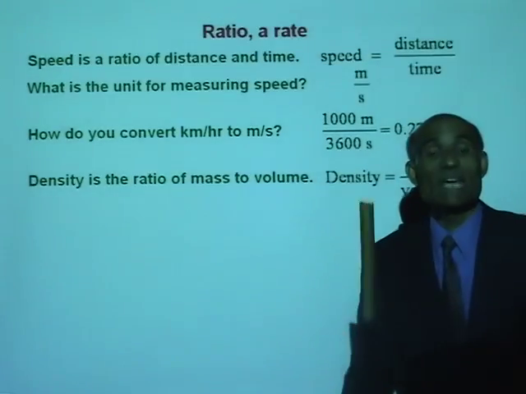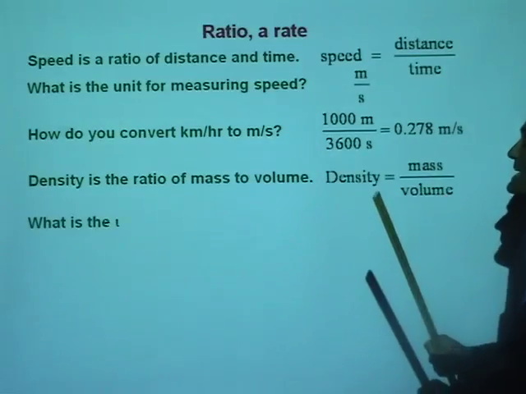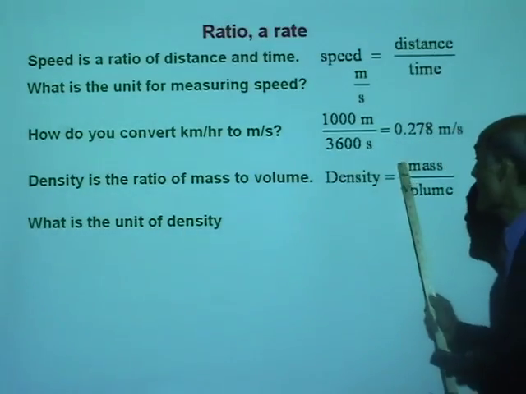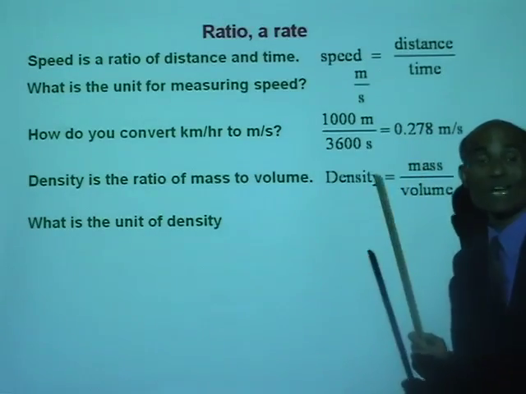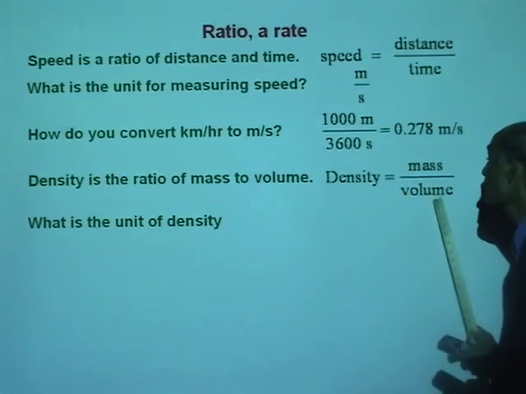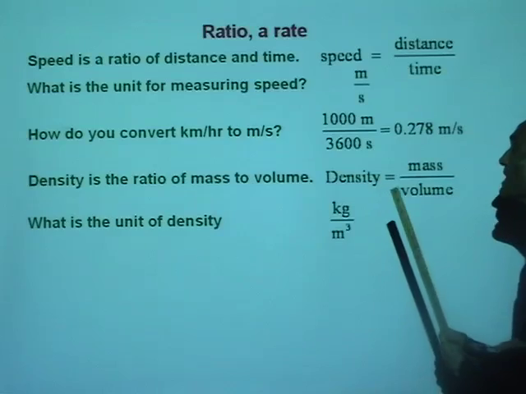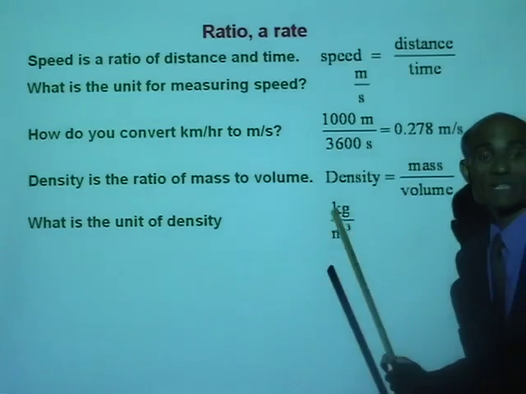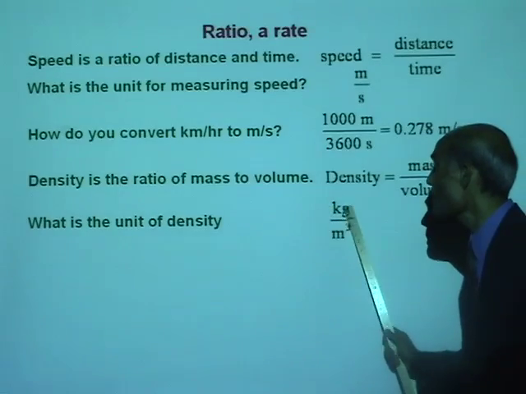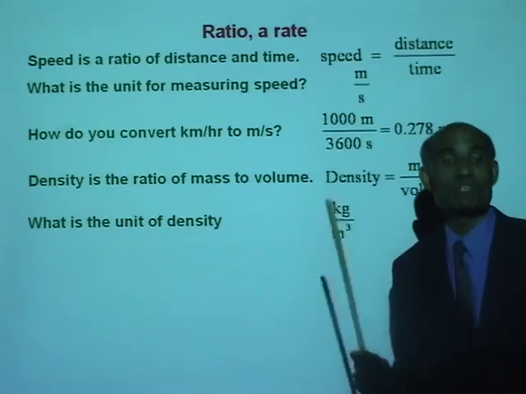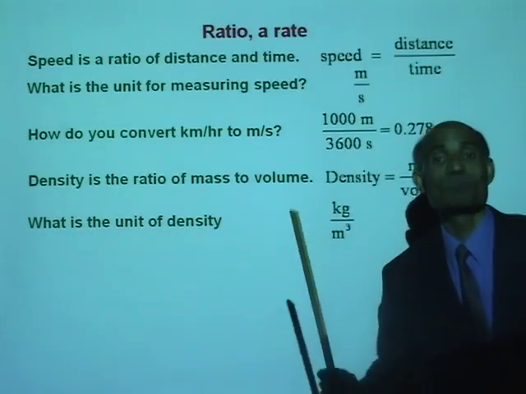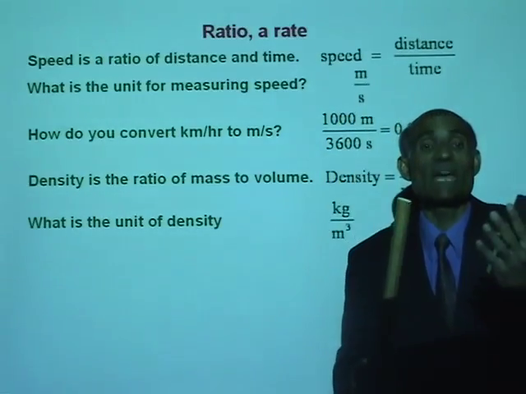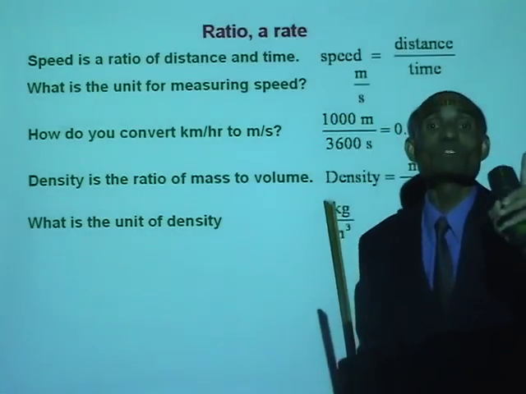Alright, can you give me a unit for measuring density? What is the unit for measuring density? Mass can be measured in kilogram and volume can be measured in meter cube. So one unit for measuring density is kilogram per meter cube. How many kilograms are contained in 1 meter cube?